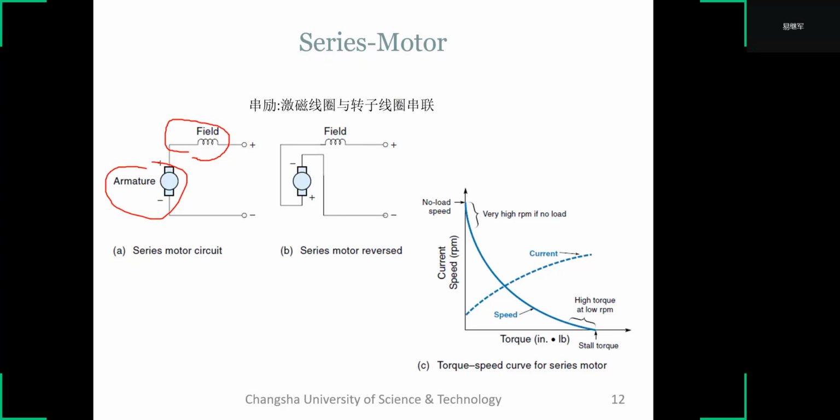This type of motor has a very high RPM if there is no load, and high torque at no RPM.